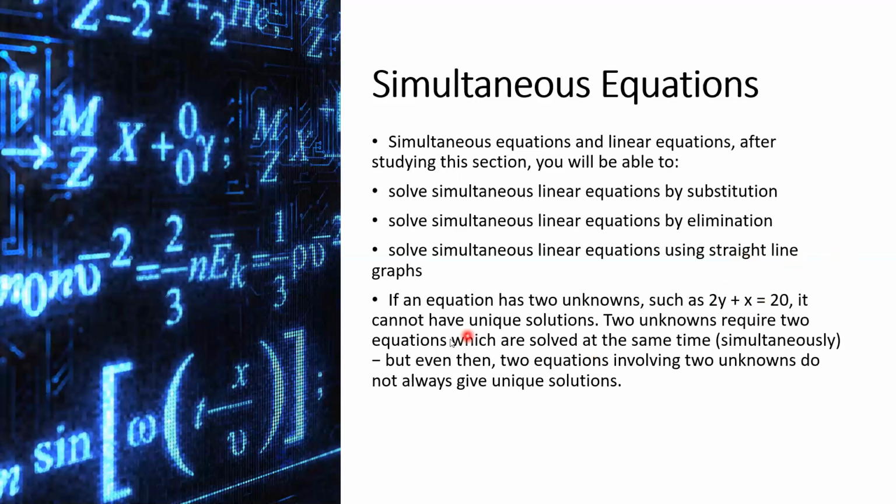Okay, so we say it cannot have unique solutions. Two unknowns require two equations which are solved at the same time, simultaneously. But even then, two equations involving two unknowns don't always give unique solutions. Now we're going to look at some examples and see how we do it.